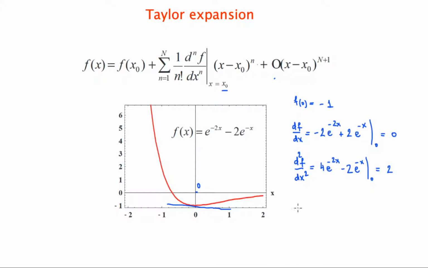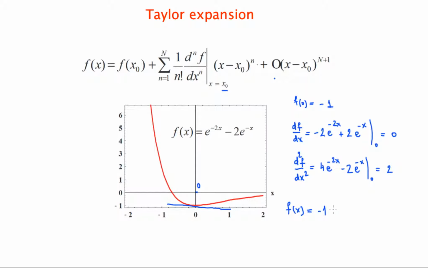So we have that the function, considering the quadratic approximation, can be approximated with the following expression, which is the function evaluated at 0, which is -1. The linear term is 0 in this case because, again, the derivative is 0. And then the next term corresponds to the quadratic term, which is 1 over 2 times 2.